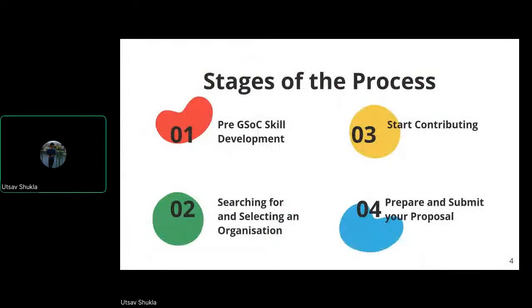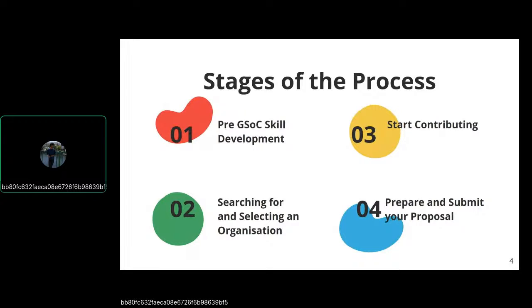So these are the stages of the process, how you can get into this program. First would be pre-GSoC skill development. This is your normal skill advancement, like developing coding skills and development skills, trying to learn different frameworks and languages according to the projects of your choice or interest. Then there is searching and selecting an organization.